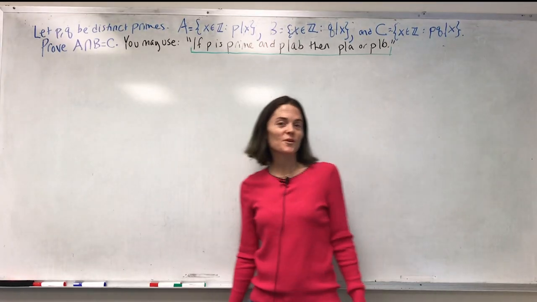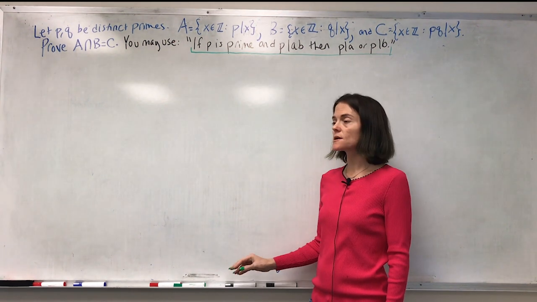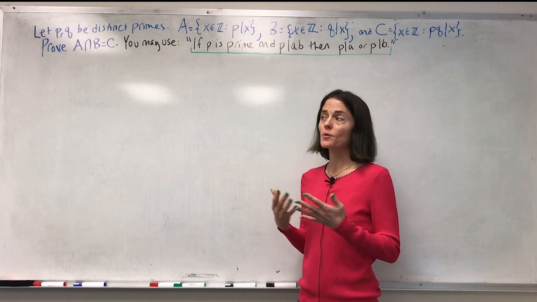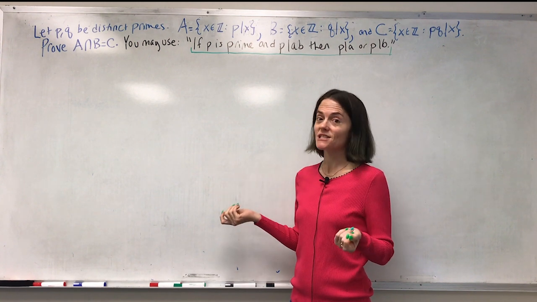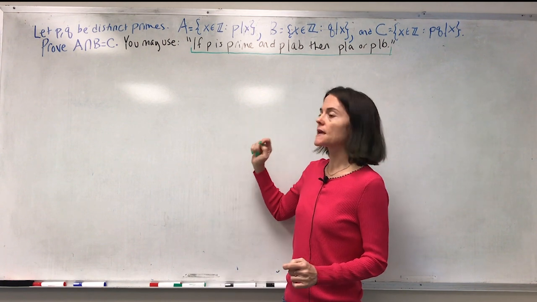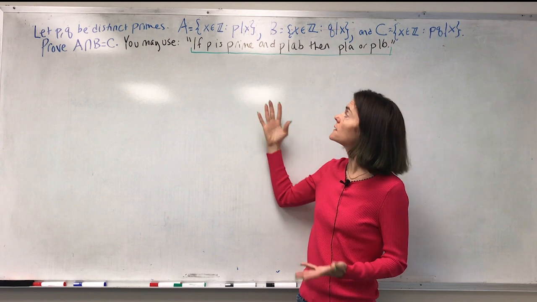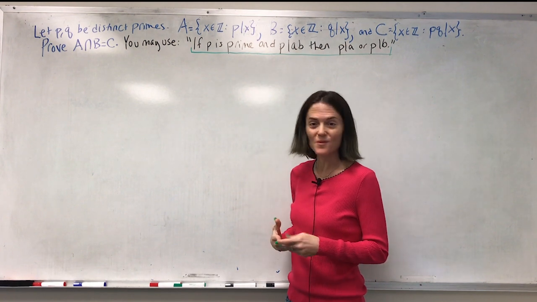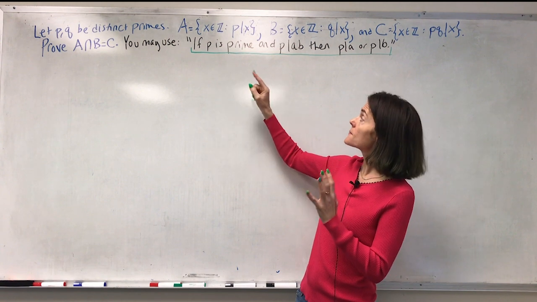Let's do one more proof showing two sets are equal. Unlike the last problem, which was pretty straightforward and just used definitions in each direction, and both directions were almost the same, this one will take a little more thought. In particular, we will use this proposition, which we will use without proof. Here P and Q are distinct primes.